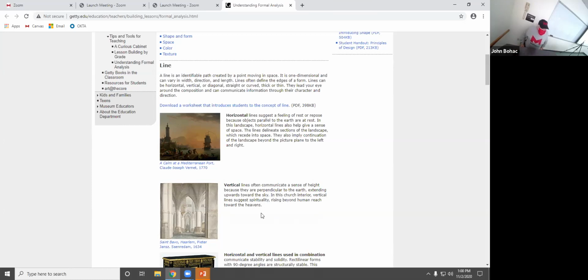Just saying, we'll be looking at Islamic art here, and that will be this vertical line and the reach to the heavens, rising beyond human reach. It's a big part of Islamic architecture.